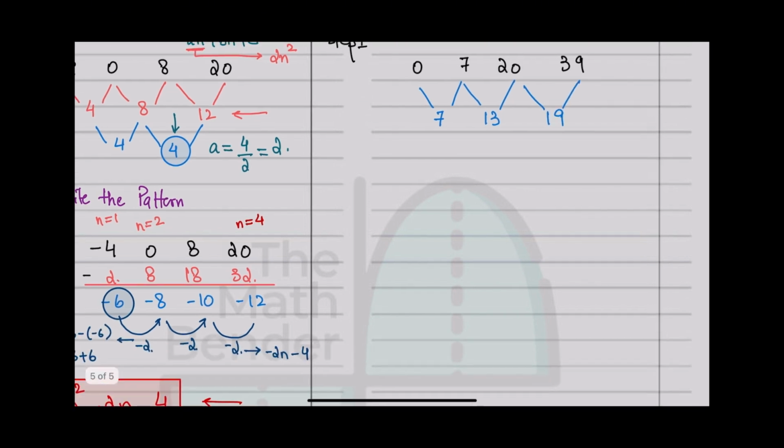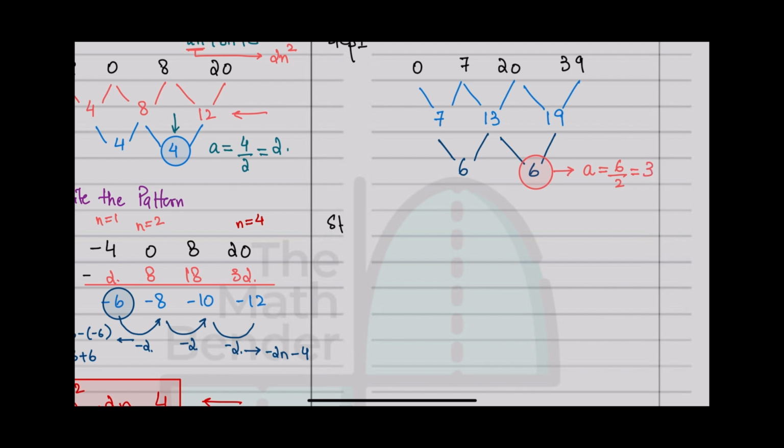Since there is a change in the pattern, I'll take another difference, which is 13 minus 7, which is 6. 19 minus 13 is 6. Now, as I've mentioned previously, this value identifies what a is going to be. So a is going to be 6 over 2, which is 3.